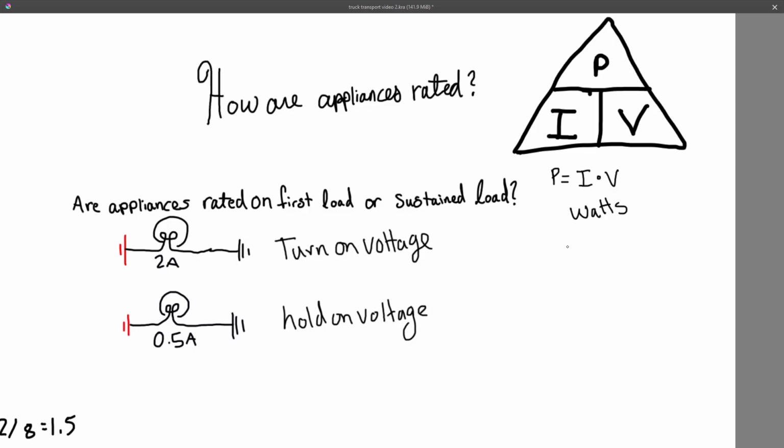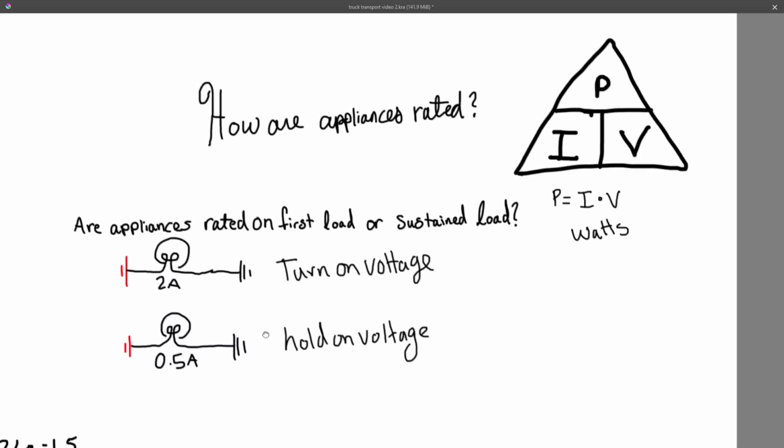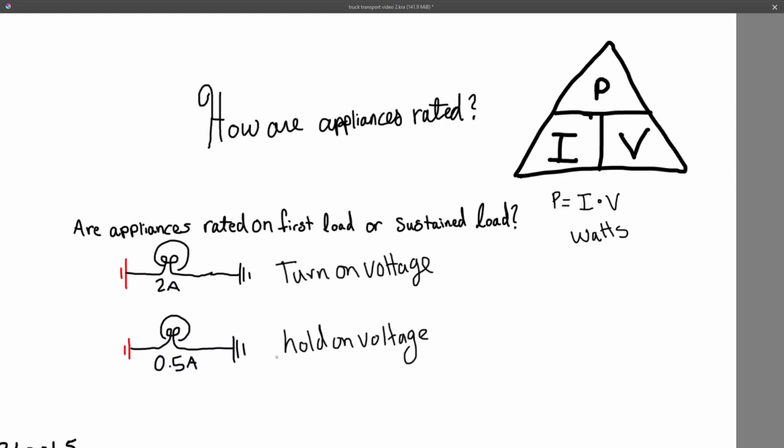Are appliances rated for the maximum amount that they see, or are they rated for their average consumption of amperage? Well, they're rated on average. So it is important to understand when you're putting in circuit devices such as fuses, it is important to always go a little bit above what your rated or expected circuit is going to be.